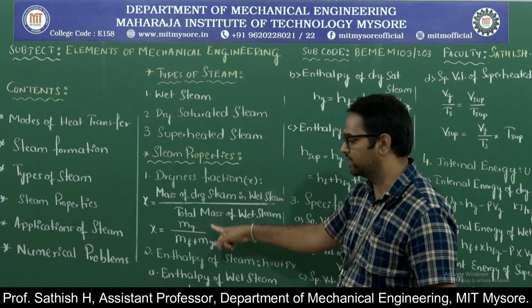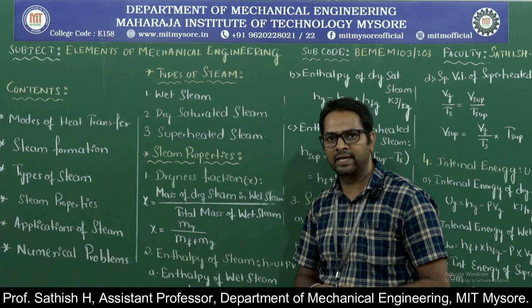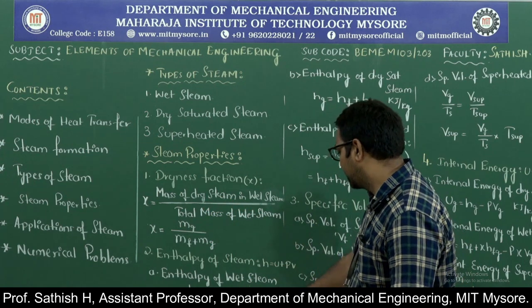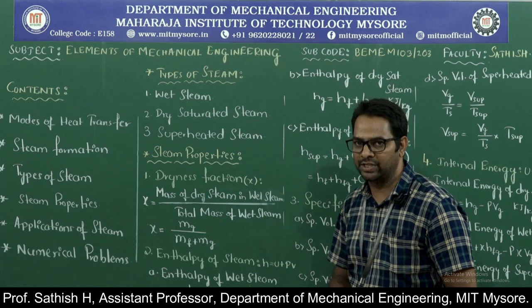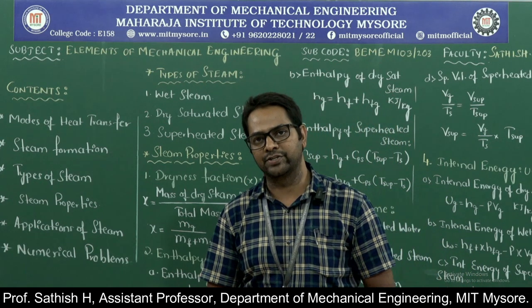We have discussed what is meant by the dryness fraction. It is the mass of the dry steam to the total mass of the wet steam, which is multiplied by Hfg. Hfg is the latent heat of evaporation.